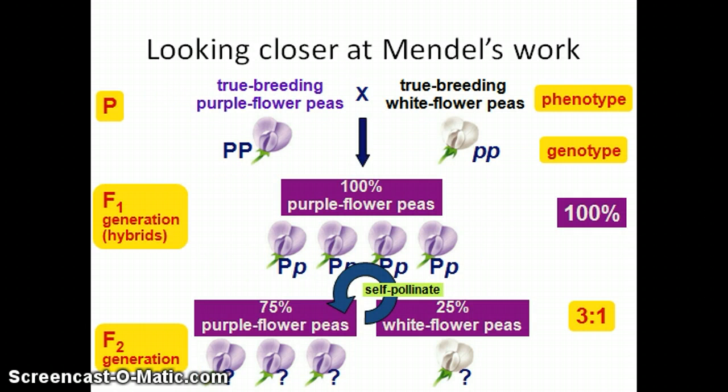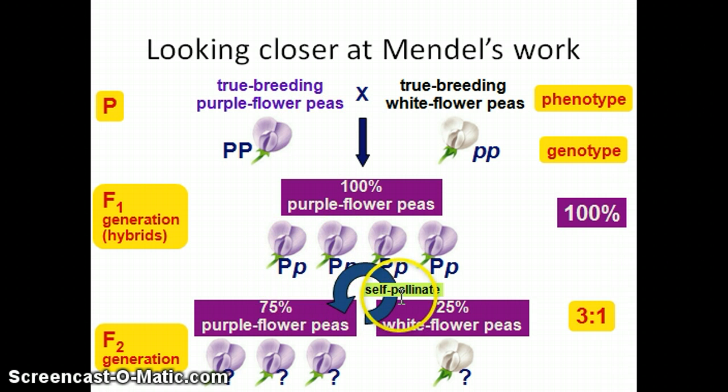If we look at Mendel's experiment again, we can now represent his true breeding parental generation, where we have the dominant homozygous purple and the recessive homozygous for white. Then our F1 generation, our hybrid generation, is going to get one allele from each of the parents, so we have one dominant and one recessive in our genotypes. 100% of our offspring in this generation will be hybrids from true breeding parents.